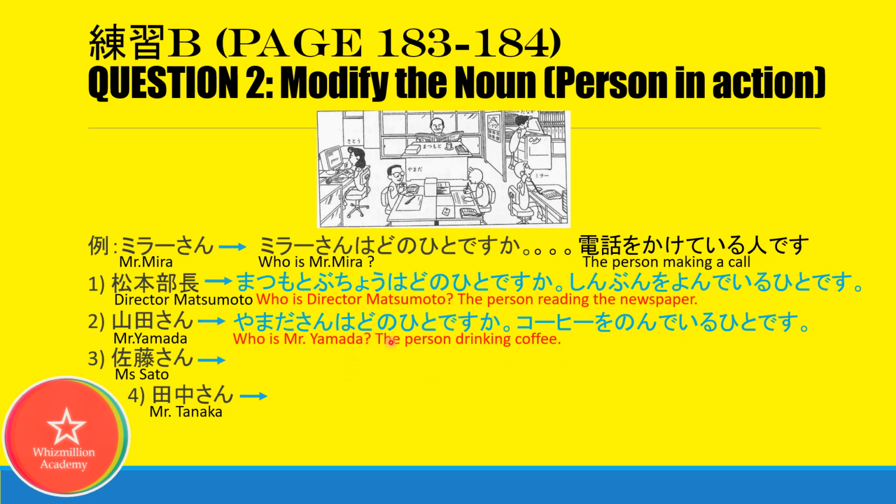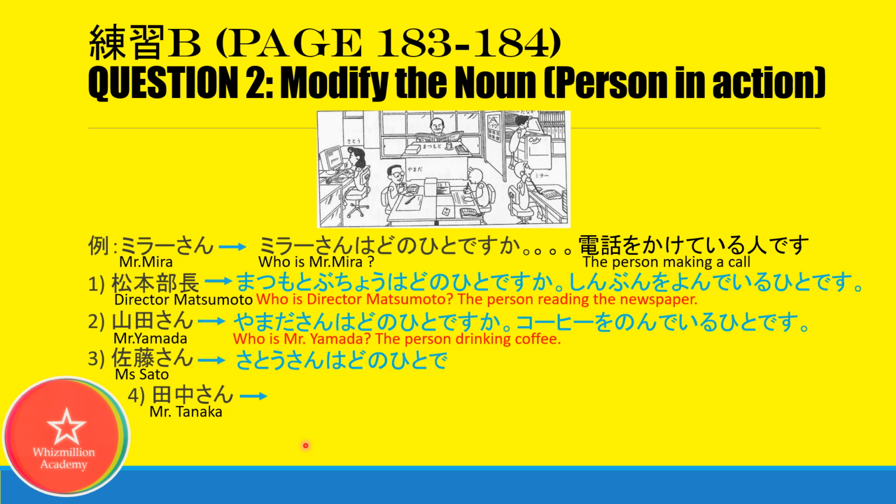Notice over here what we change is from nomimasu to nonde. So we are describing what Mr. Yamada is doing. Question number 3, Sato-san. Sato-san is using a computer.